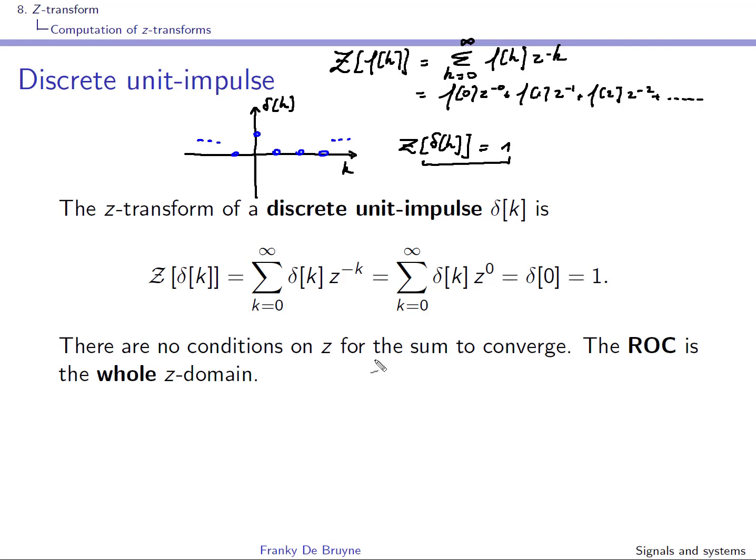Okay, so if you have a general function that is of finite support, for example this one, then it's very easy to obtain the Z transform of that signal, right?